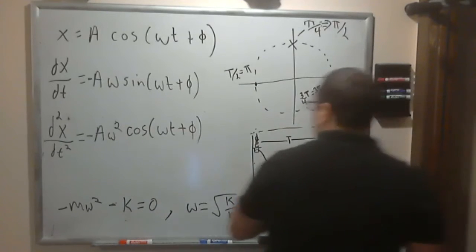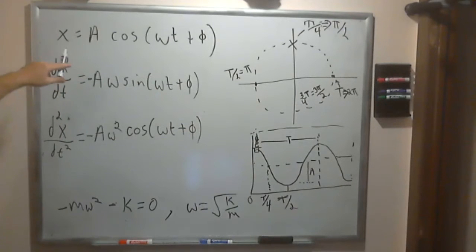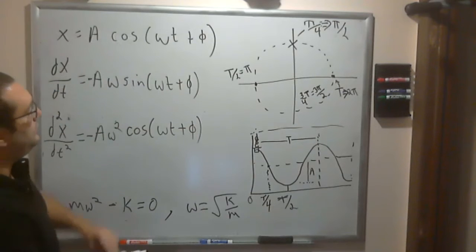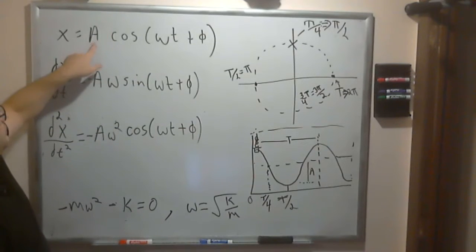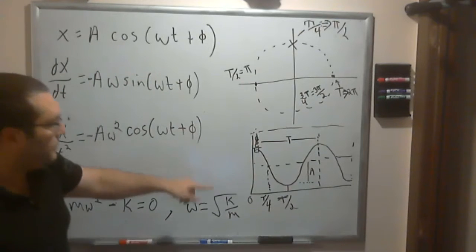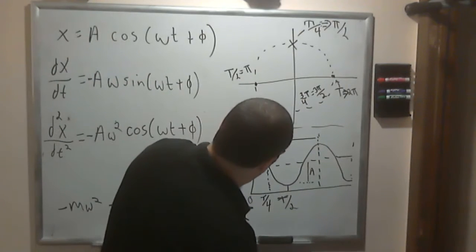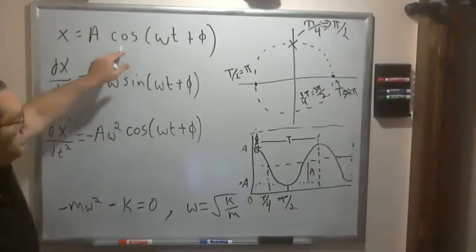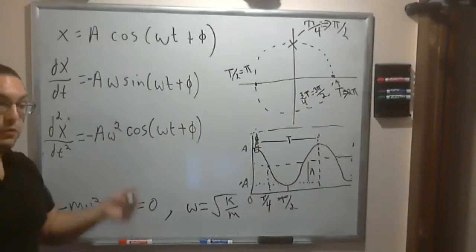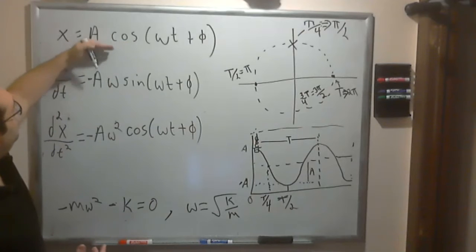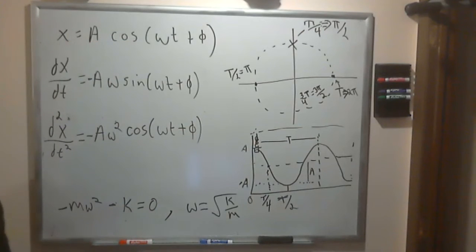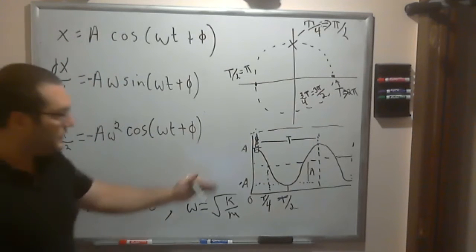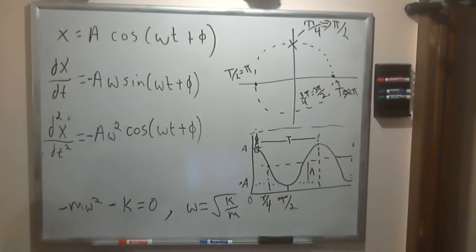Now this distance is A. So we have our amplitude, and this cosine and sine function varies this amplitude from 1 to -1, from A to -A, because cosine and sine just range from -1 to 1. So this will vary the position between -A and A. A is just a scalar quantity. It describes how much we stretch the spring.